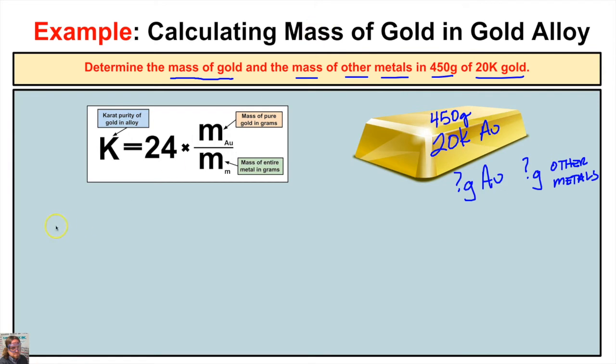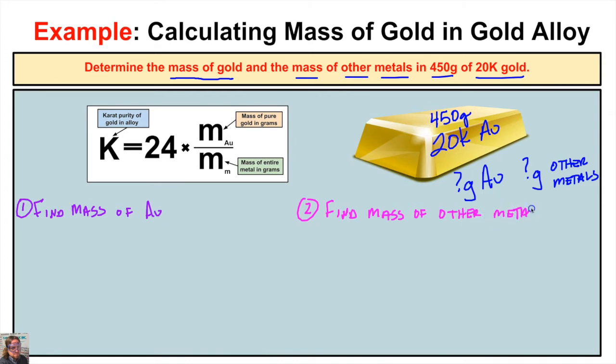So the first step is we will find the mass of gold that is in this gold bar. And once we figure that out, in step 2, we will find the mass of the other metals that are in this gold bar.